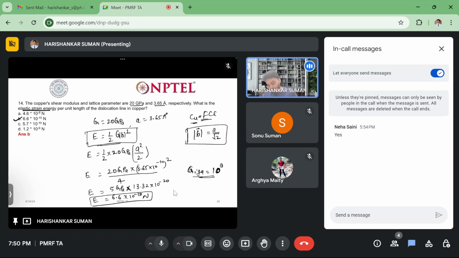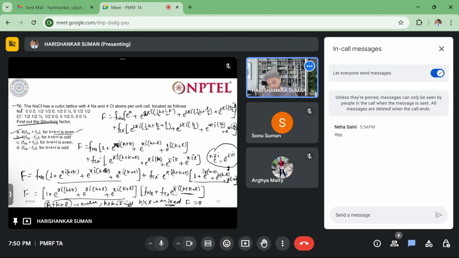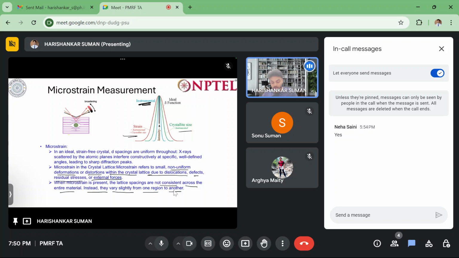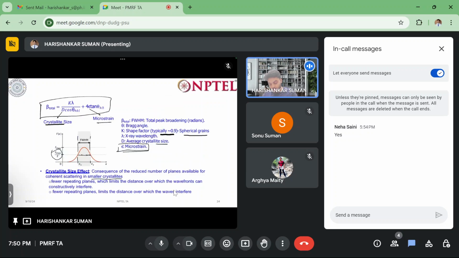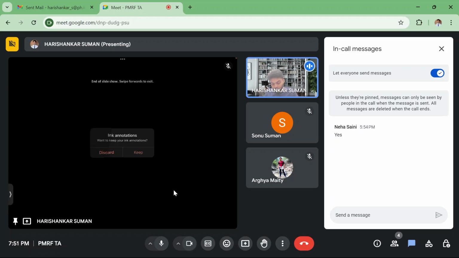Then CsCl crystal structure, and next NaCl. We can also study microstrain in XRD with WH plots. Okay, so this is all.